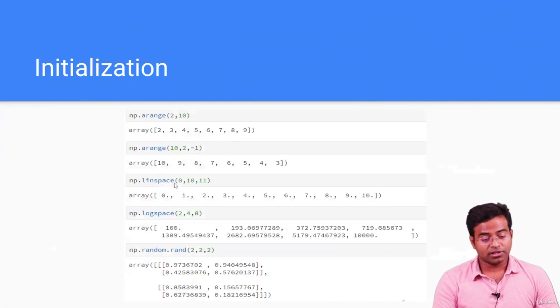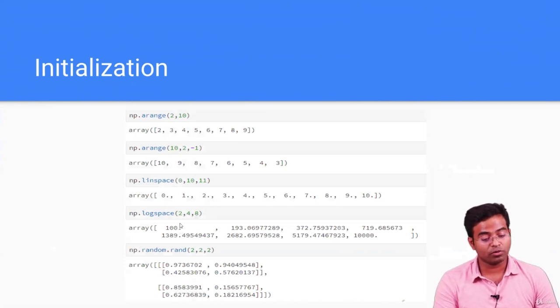Then you have linspace. Between 0 and 10 you are generating 11 equally spaced numbers, so that is why you see data like this. Then you have logspace. Between 2 and 4, with 4 exclusive, you are generating 8 numbers.